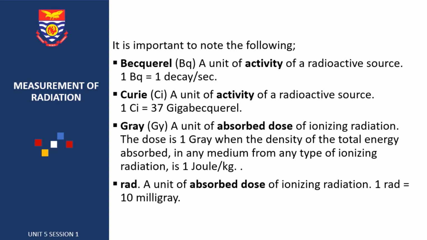Also the rad is another unit of absorbed dose of ionizing radiation. So 1 rad is equivalent to 10 milligray. The dose can be expected to vary from one point to another within the irradiated object.